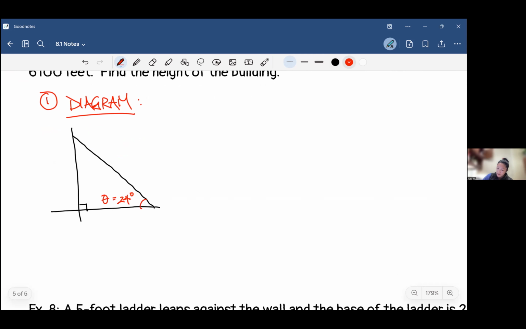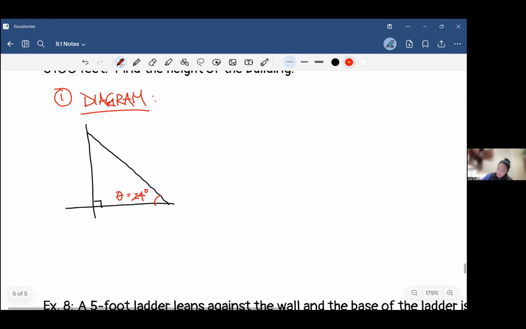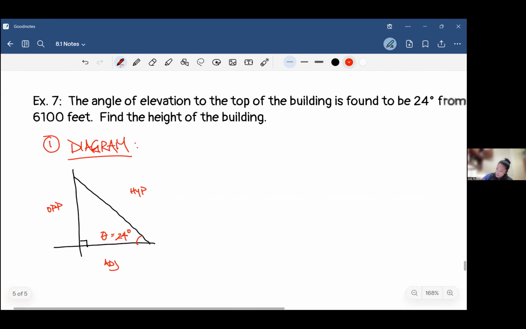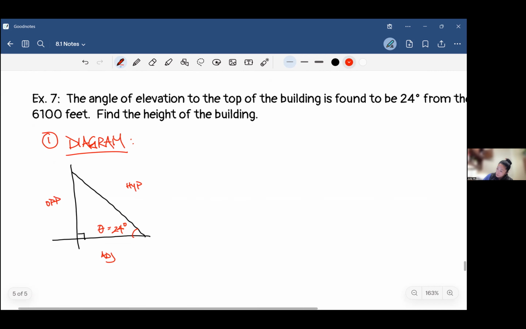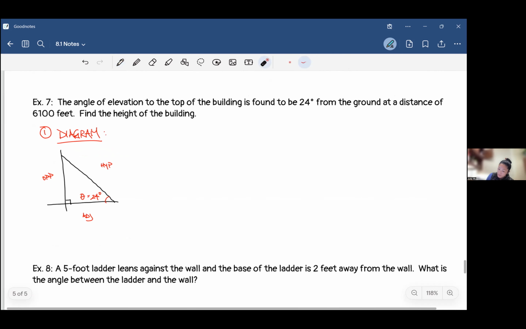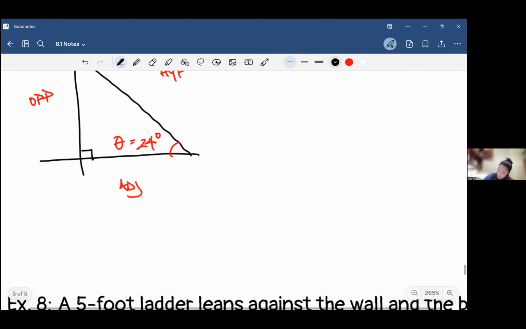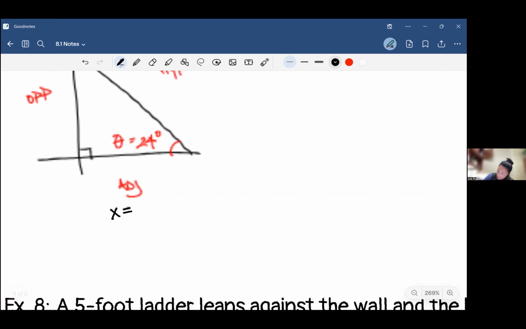So that is our theta. I'm also going to say this is our hypotenuse, this is our opposite, and this is our adjacent. And let's see. So at a distance of 6,100 feet, that means this bottom part along the ground is 6,100 feet. Okay, so we'll say x is 6,100 feet.